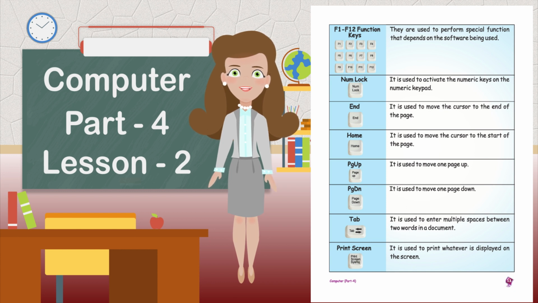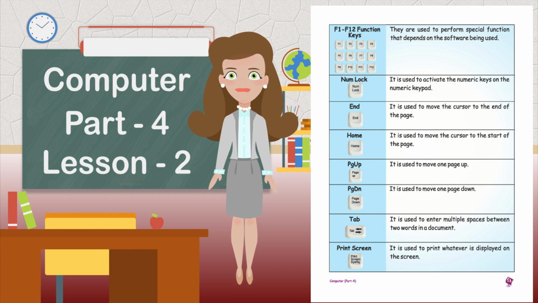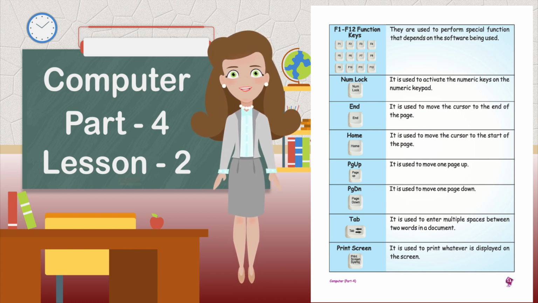End. It is used to move the cursor to the end of the page. Home. It is used to move the cursor to the start of the page. Page up. It is used to move one page up. Page down. It is used to move one page down. Tab.